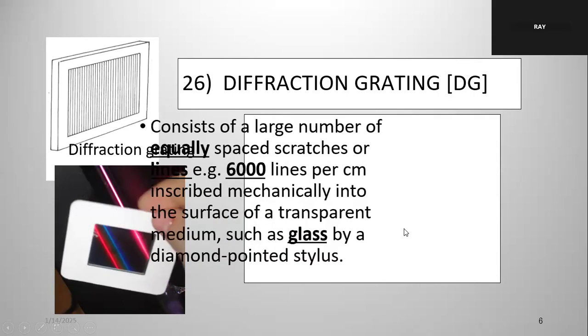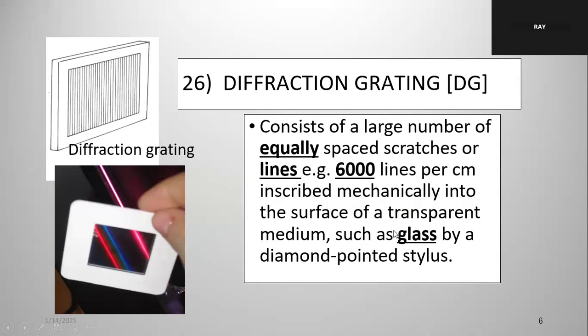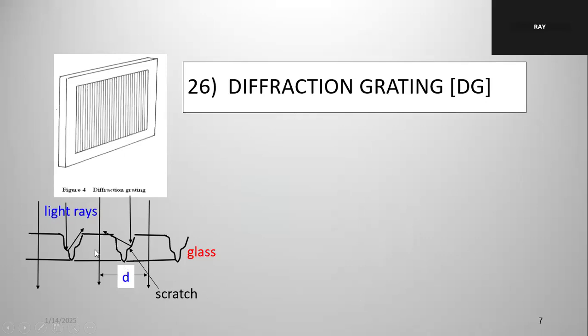A diffraction grating consists of a large number of equally spaced scratches or lines, for example 6,000 lines per cm, inscribed mechanically into the surface of a transparent medium such as glass, using a diamond-pointed stylus.